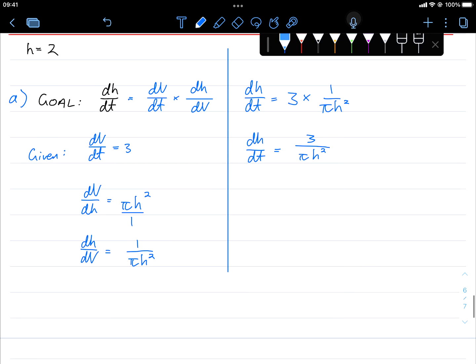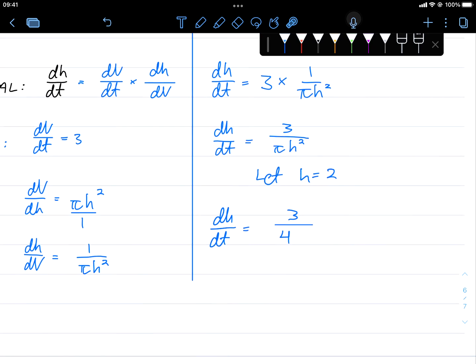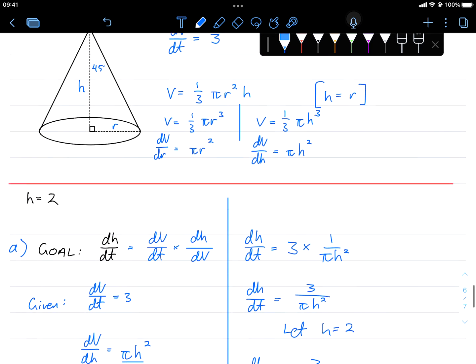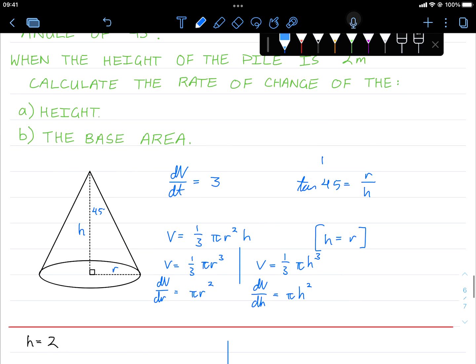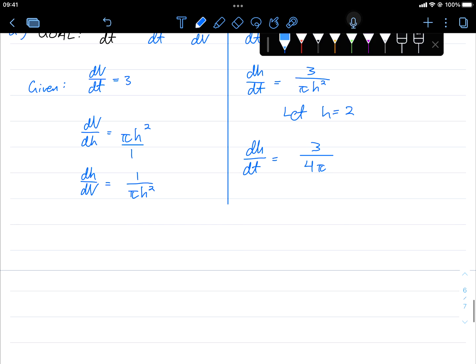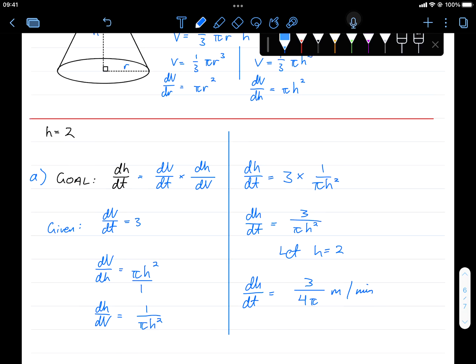So at this stage, all we're going to be doing now is let h equal 2. So the rate of change of the height, dh on dt, is equal to 3 over, since I'm substituting 2 here, 2 squared is 4, 3 on 4 pi. Since h is in meters, because it's meters per minute, this is going to be meters per minute as well. And that there is part A.